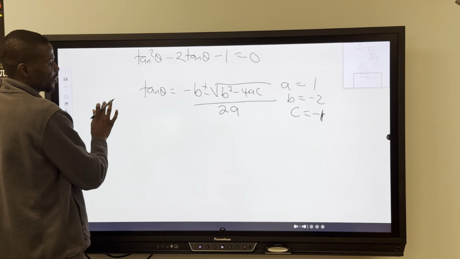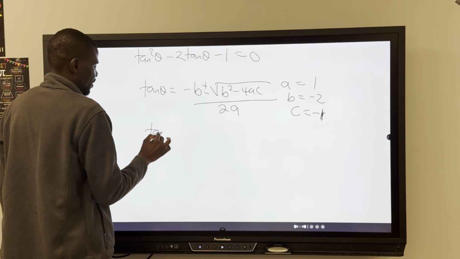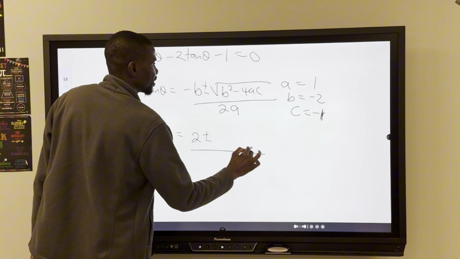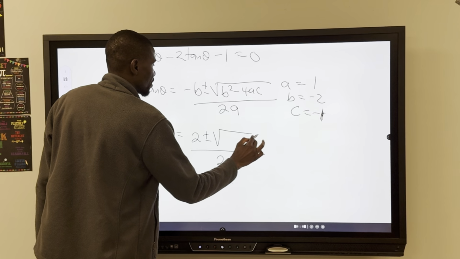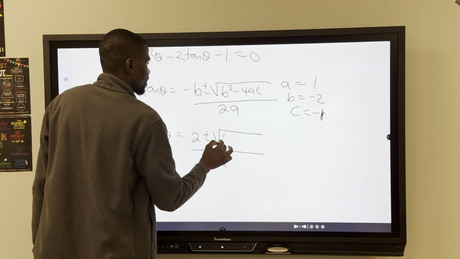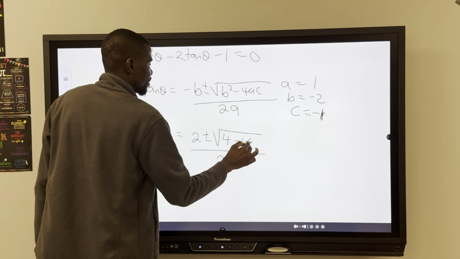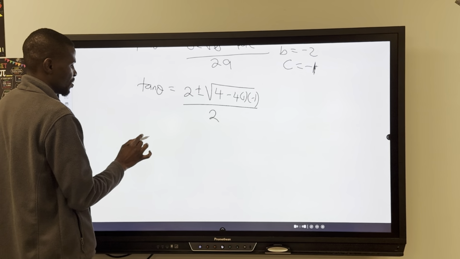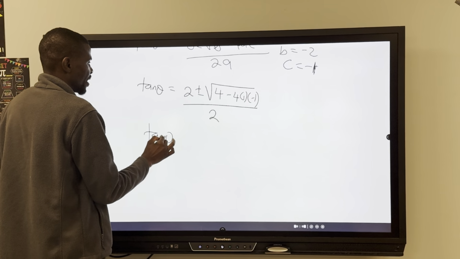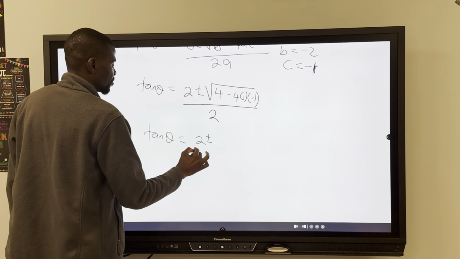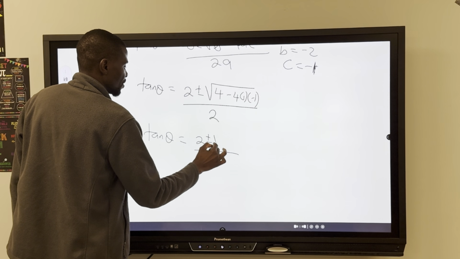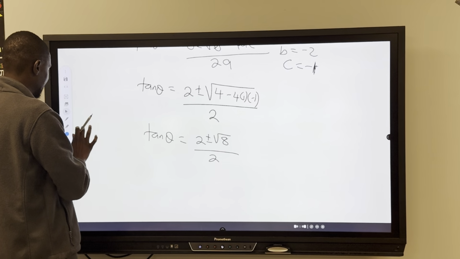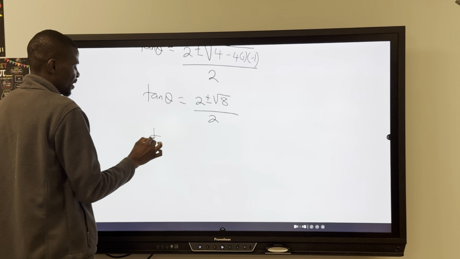Okay, so tan theta equal to negative negative 2, so that's 2, plus or minus the square root of b squared, that's 4, minus 4 times 1 times negative 1, over 2, right? So it's going to be 4 plus 4, that's 8. Right, so we have two solutions.